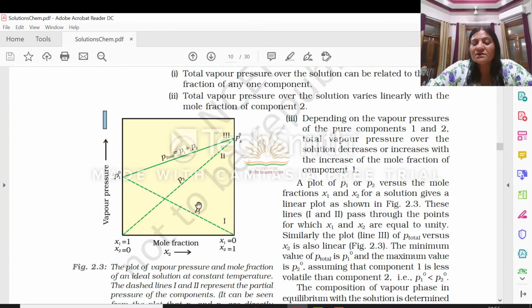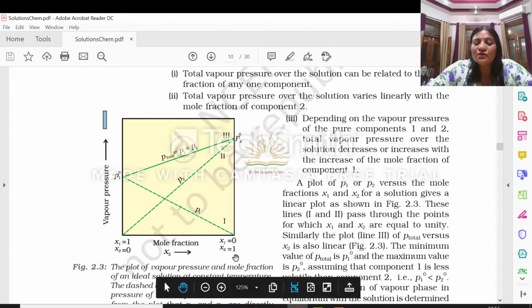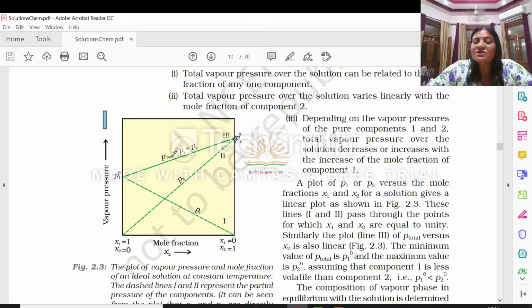And this is the partial vapor pressure of component 1. Here the component 2 is equal to 0, so its vapor pressure is 0. But when it goes from 0 to 1, the vapor pressure of component 2 gradually increases and reaches its maximum value P02. It is the partial vapor pressure of component 2.